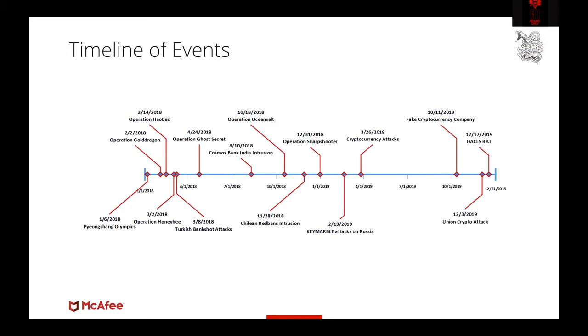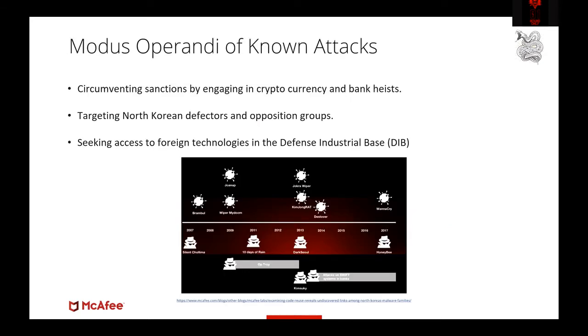So with that said, after the brief timeline of events, we move into some of the general modus operandi of known attacks that are associated with Hidden Cobra. Some of the top 3 things that they're doing here is circumventing sanctions. As I'm sure this industry community is aware, there's a number of things that are actually being done to evade sanctions here, basically through the means of cryptocurrency and bank heists.